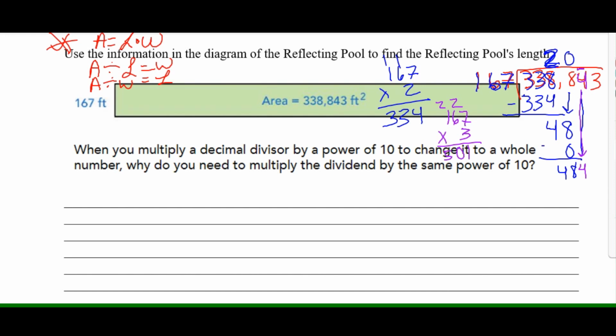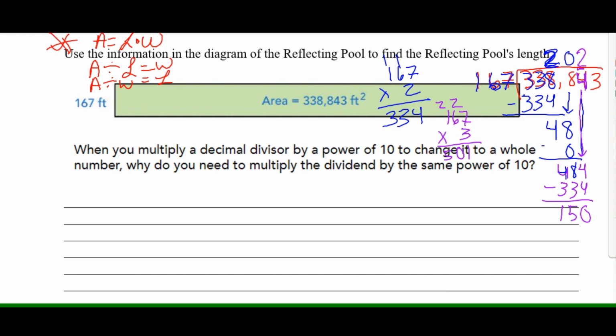So 167 goes into 484 2 times. Since I brought down the 4, I'm going to put that 2 right above that number that I brought down. And then 2 times 167 is 334. And I'm going to subtract: 4 minus 4 is 0. 8 minus 3 is 5. And then 4 minus 3 is 1.